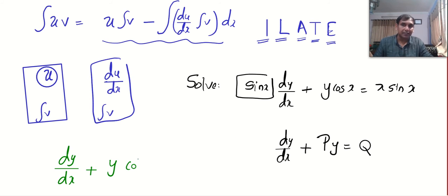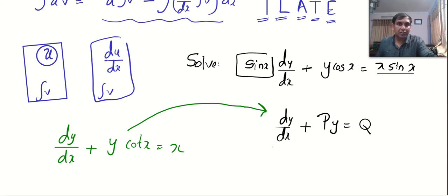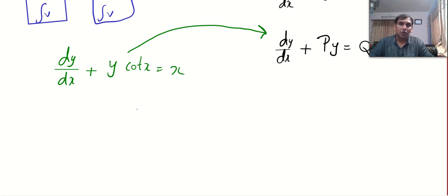Cot x. And what about x sin x by sin x? You get x. Now the usual dialogue, comparing with the standard equation, tell me, what is the value of p? P is equal to cot x and q is equal to x.